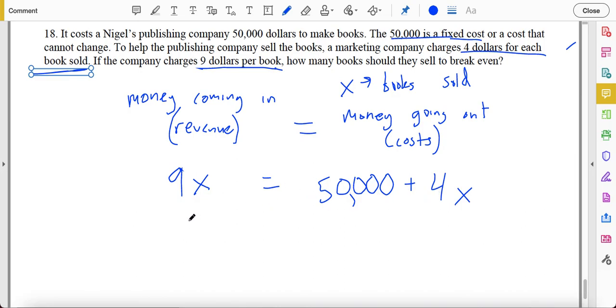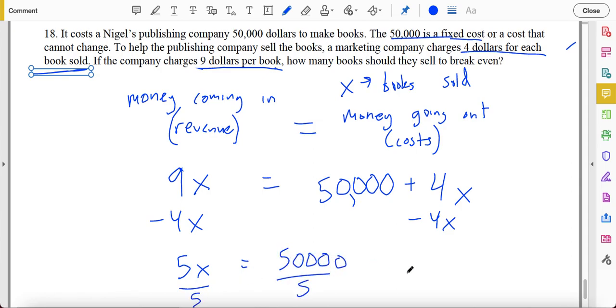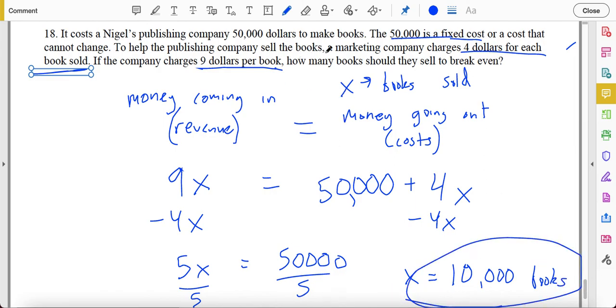So solve for X. So subtract 4X from each side. We get 5X equals 50,000. Divide by 5, and we get X equals 10,000 books is the break-even point. How many books should they sell to break even? 10,000. That concludes the Chapter 7 review video.